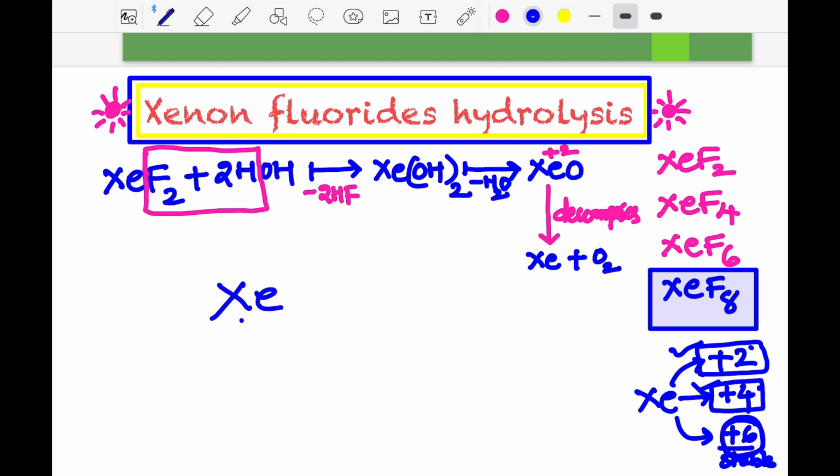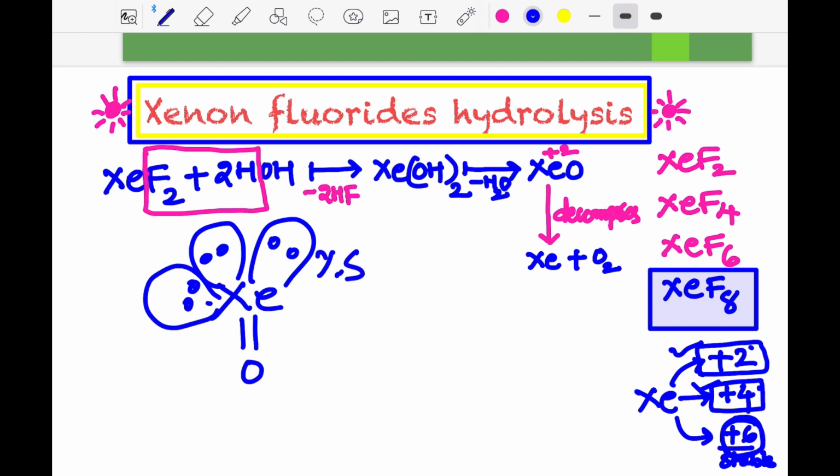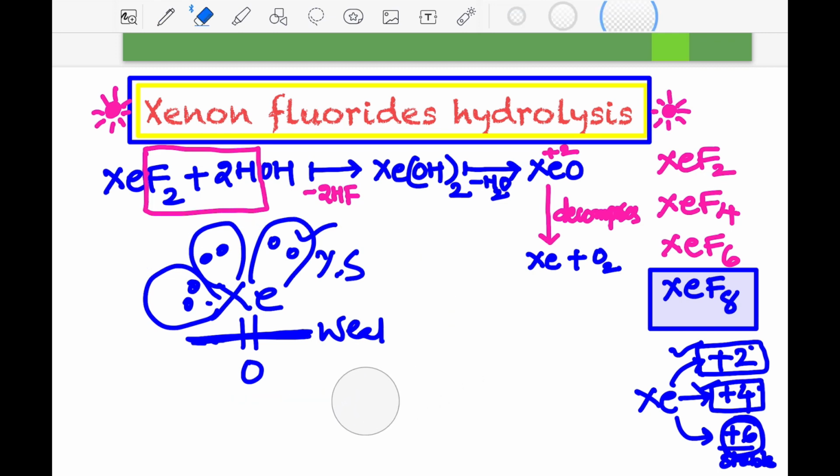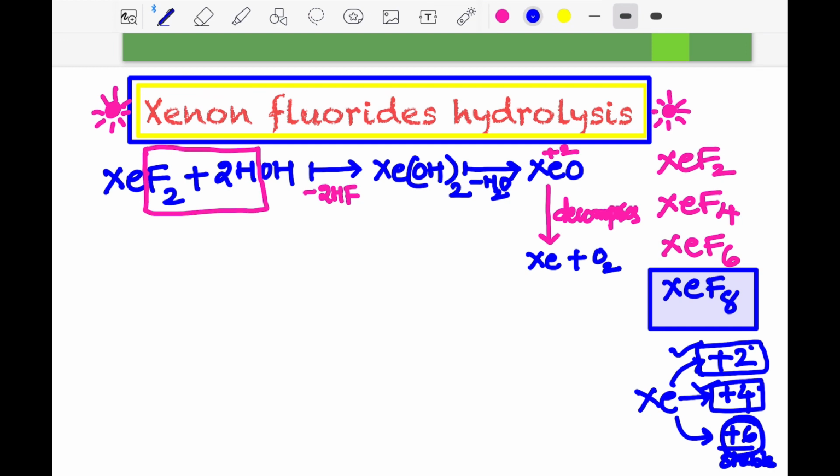Whenever xenon forms a double bonded oxygen, it has got 1, 2, 3, 4, 5, 6 lone pairs around it. When it has all these lone pairs, the percentage of s character in the lone pair increases and this bond becomes very weak. That's why it breaks quickly. XeO is very unstable because of these lone pairs. So you should always write decomposition of XeO. The final products are xenon and oxygen.